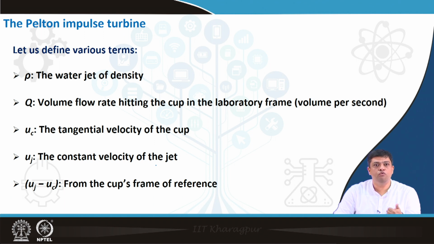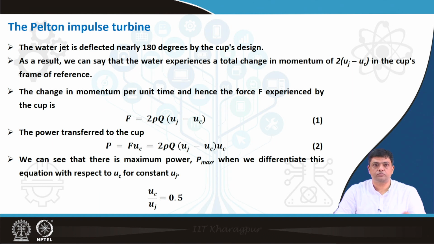Q, the volume flow rate hitting the cup. Uc, the tangential velocity of the cup. Uj, the constant velocity of the jet, and Uj minus Uc, that is the difference in the two velocities, but from the cup's frame of reference.